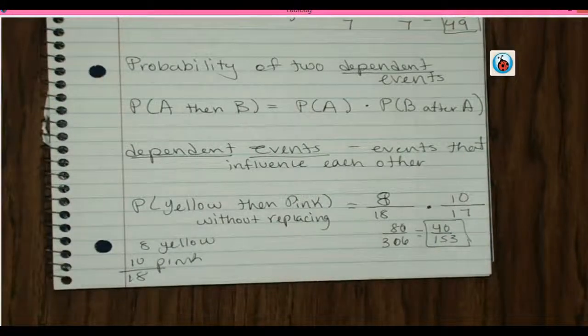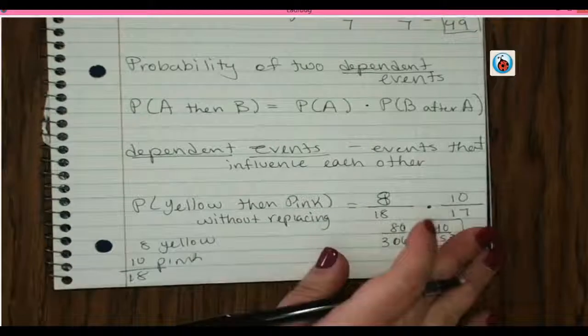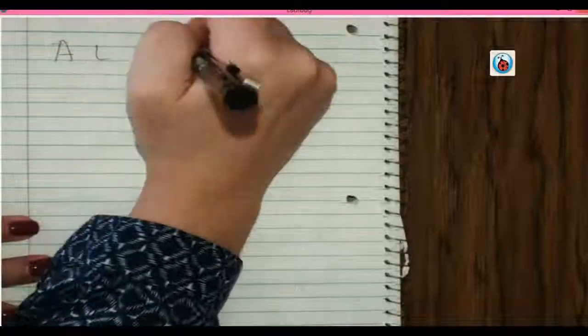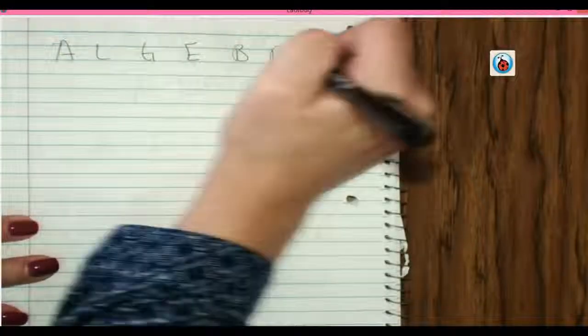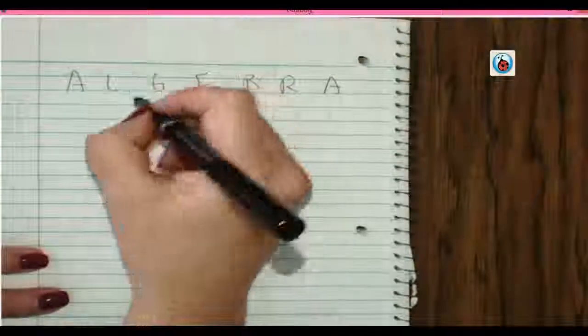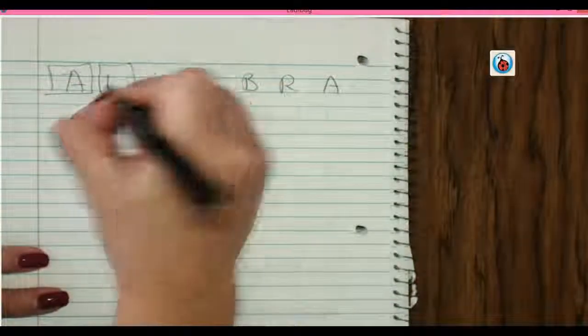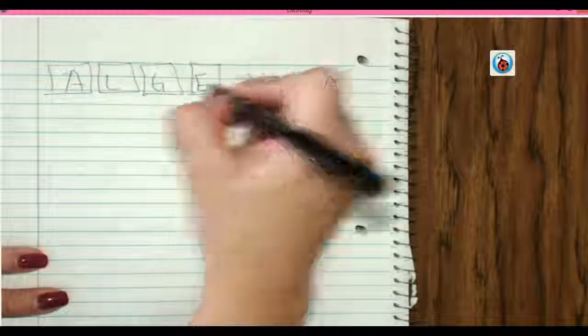Okay, so let's try dependent events with the word algebra again. We have the word algebra and each letter is on a card.